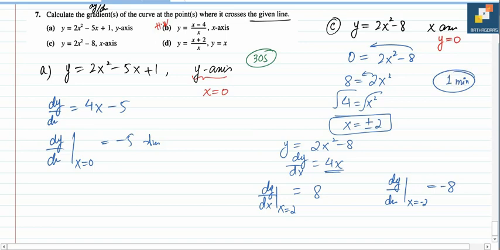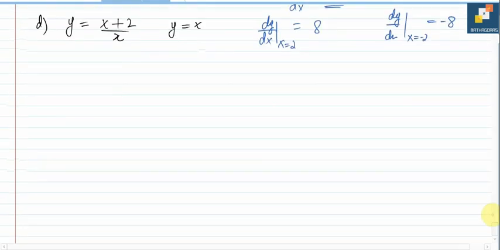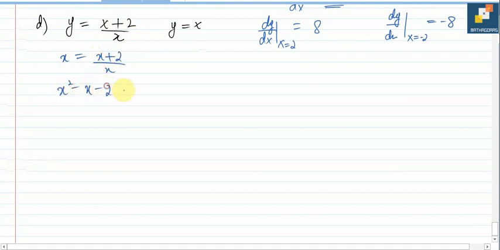Alright, after part C, it's part D. The question is y equals x plus 2 divided by x, and the condition is y equals x. So we need to place the value of y in that equation. So it will be x equals x plus 2 divided by x, so x square minus x minus 2 equals 0.